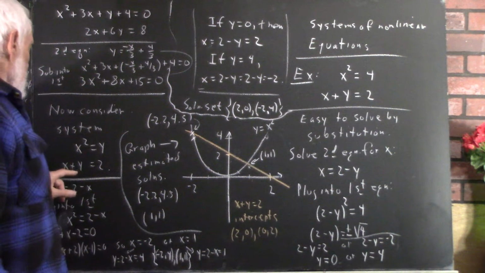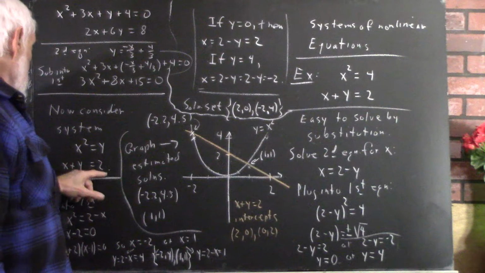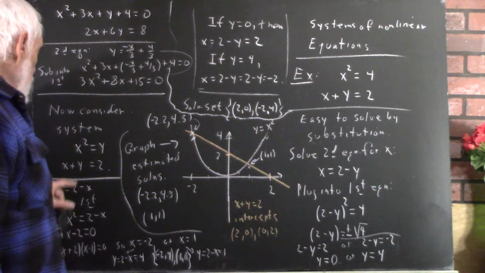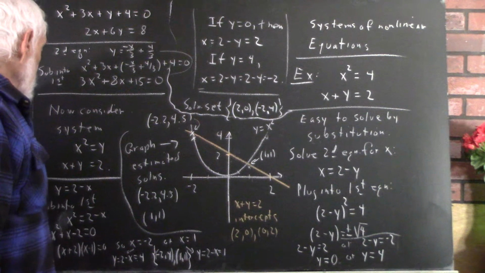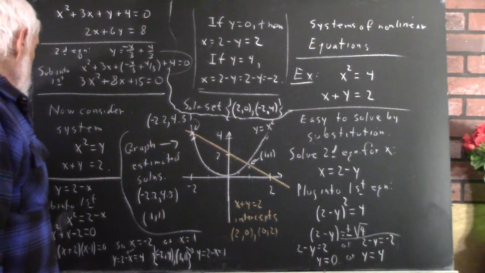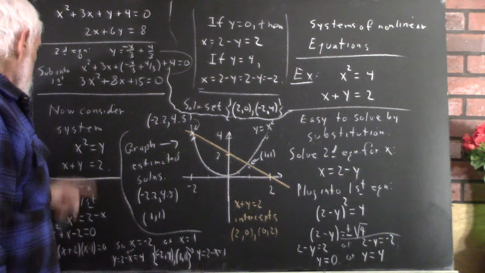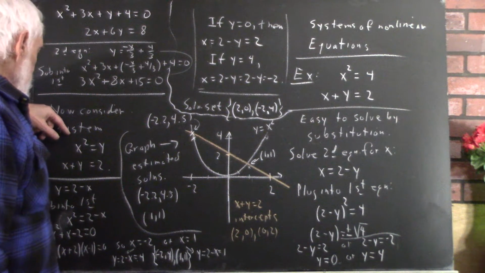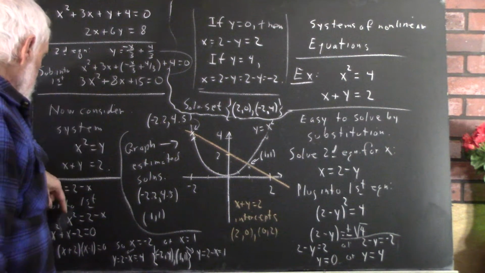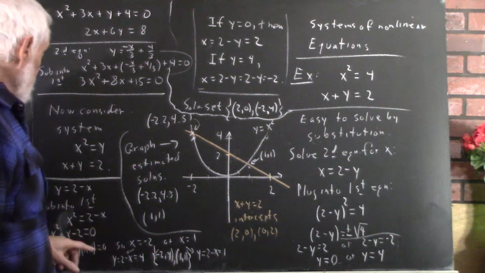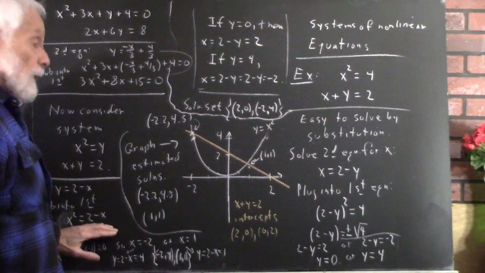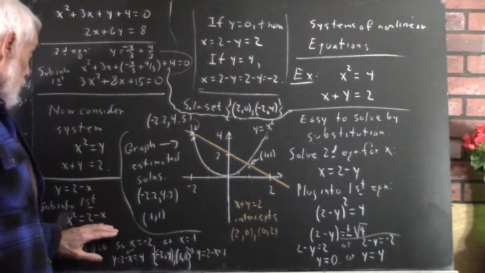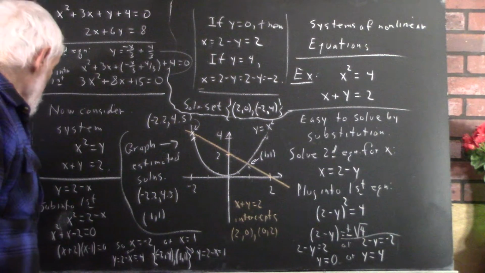Again, we choose to solve the second equation for y, get y equals 2 minus x, so that we can plug that into the first equation. Now, if y is 2 minus x, that gives us x squared equals 2 minus x. And we recognize this as a quadratic equation.